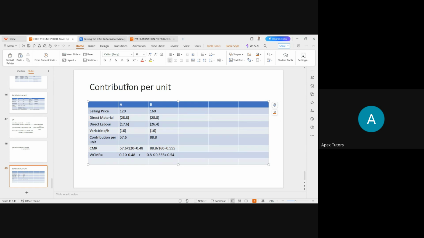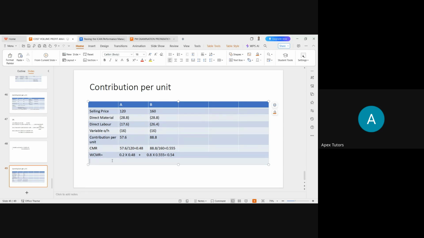Having done this, what will be our total fixed cost? There's an addition based on the additional information.